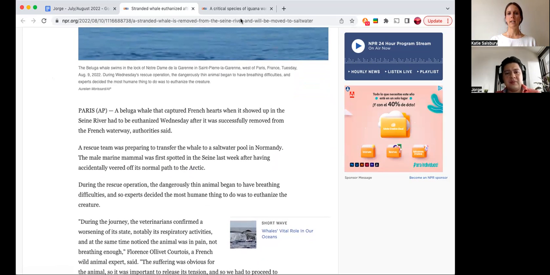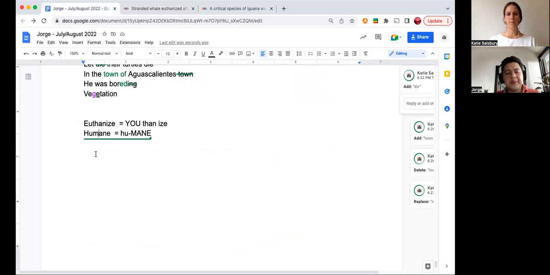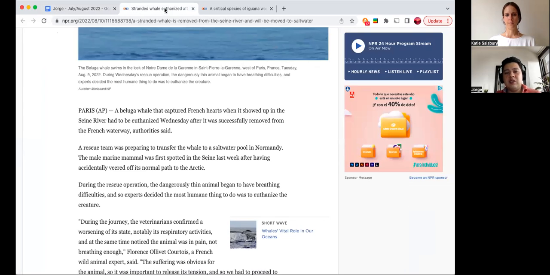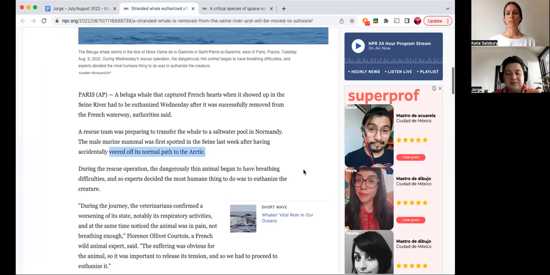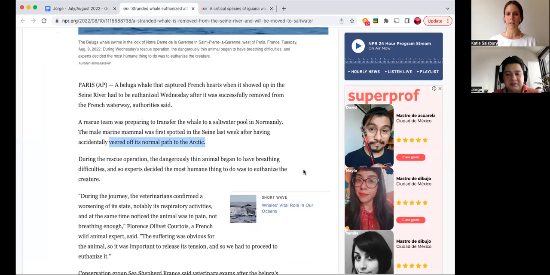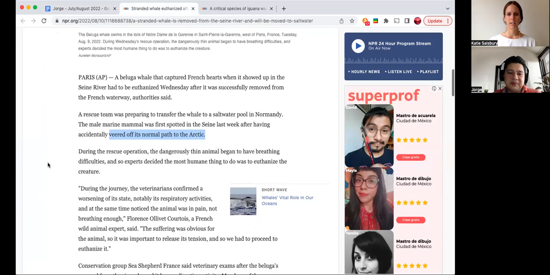We actually say in English fresh water, not sweet water. So I guess it was really lost, like it was swimming towards its own death. Yeah, here it says it has veered off its normal path to the Arctic. So I suppose it was very surprising to see this whale in the river. Exactly.